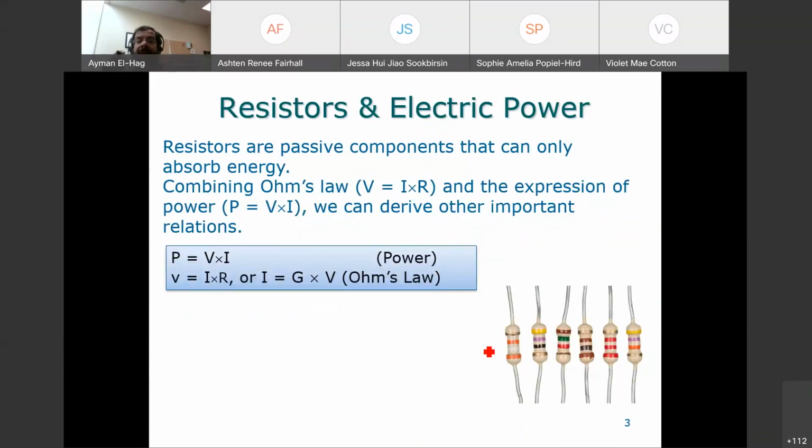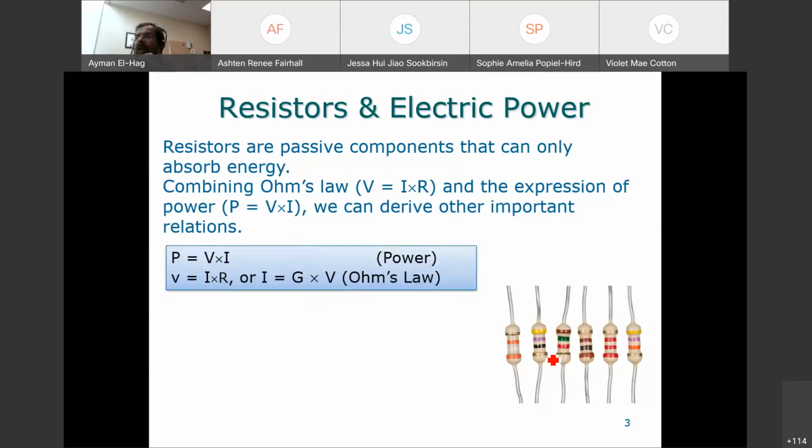Okay, so resistors, this is how they look. Resistors come in different shapes, but this is the most common one. This is used in circuits, and in the kit that you will have, resistors are in that shape. And these colors that you see here are actually codes. So if you read them, then you can know the value of the resistance.